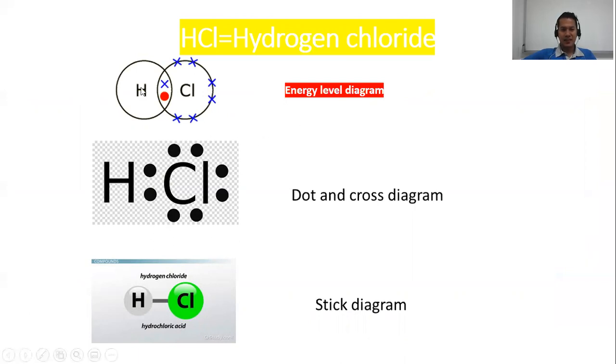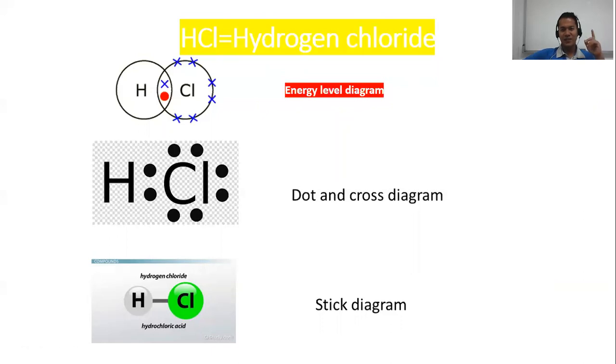Since hydrogen is in group 1, period 1, the energy level here is the first energy level. Remember, maximum of 2 only in the first energy level. So group 1, it's going to need 1.